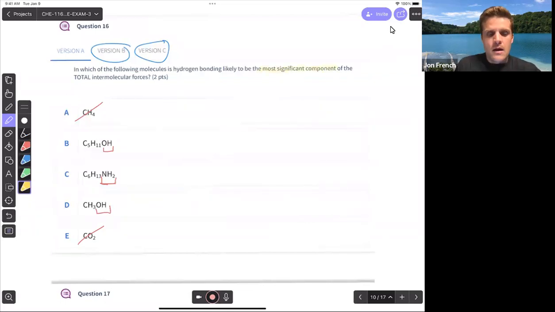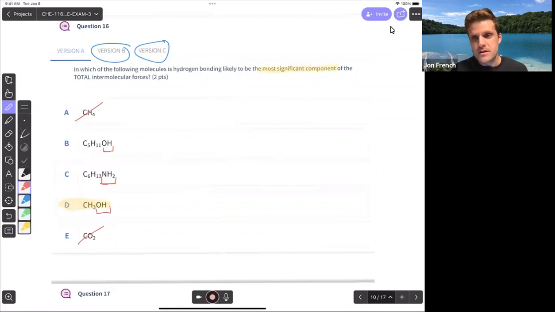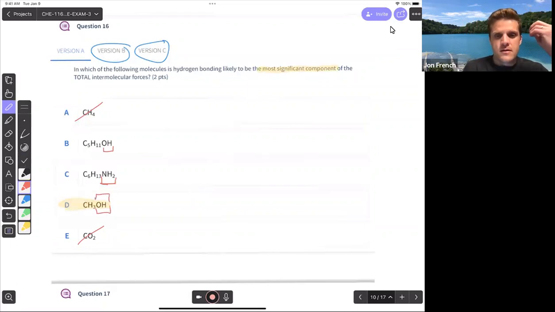So the answer is going to be D, methanol, because it's a really small molecule. Like half of this molecule is the hydroxyl group. Because half the molecule is the hydroxyl group, that's where most of the intermolecular forces are going to come from.